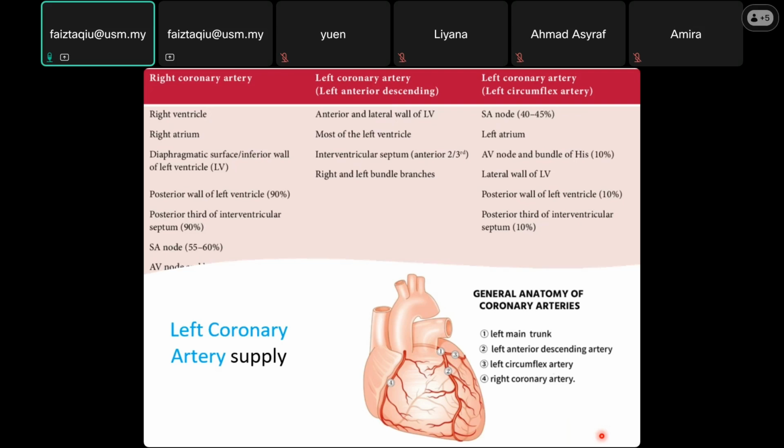So what will happen if you have a reduction in your aortic pressure? The myocardium is not being supplied, so it can induce myocardial ischemia in a patient with aortic stenosis.